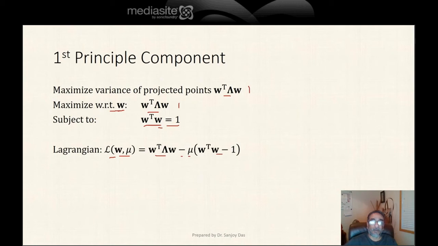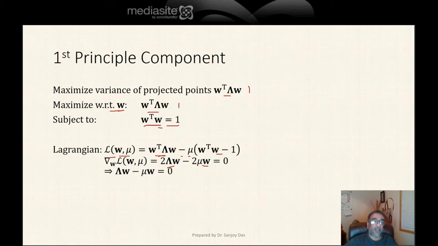That's the Lagrangian. And differentiating this Lagrangian and equating to 0, what do we get? The first term differentiated is twice lambda W. Remember that lambda is the covariance matrix, which is a symmetric matrix, minus twice mu W. That's this term, and that's equal to 0.